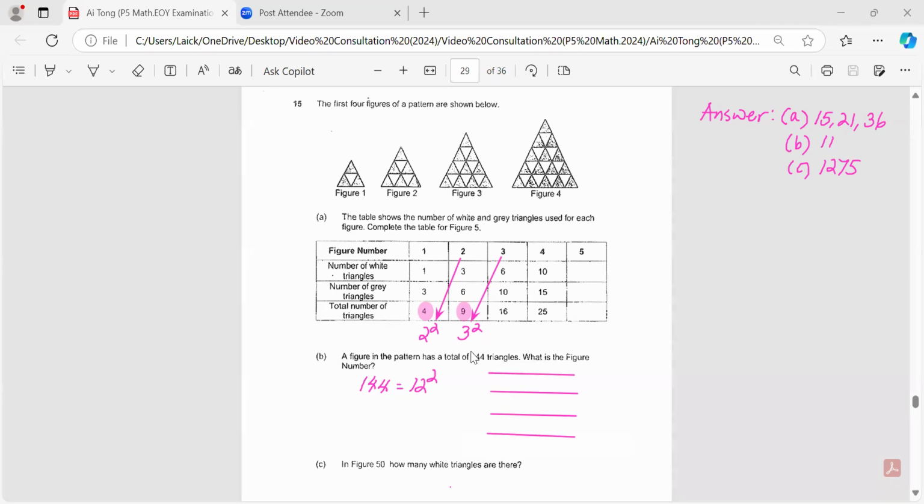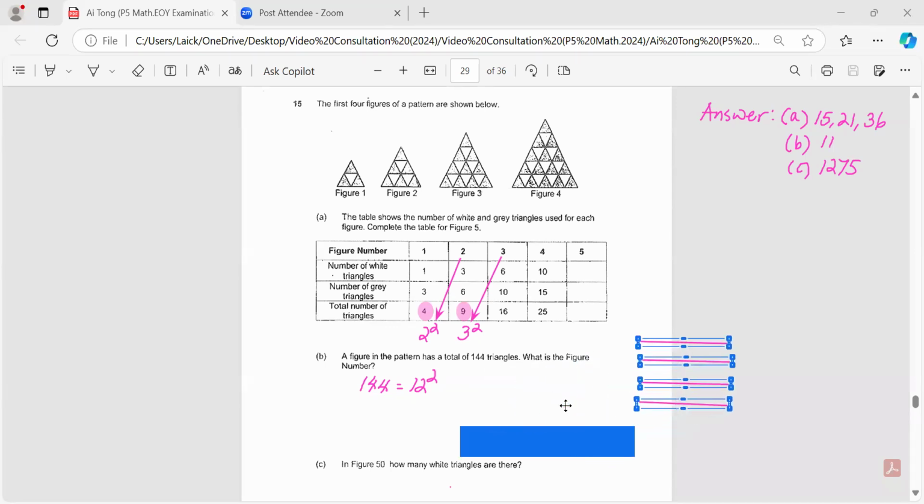Let's move it to the side. Say we have 1, 4, 4 here. And then the figure number will be 12.